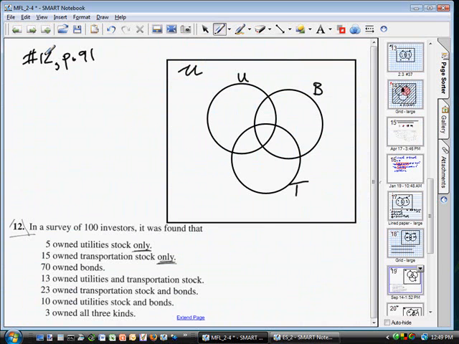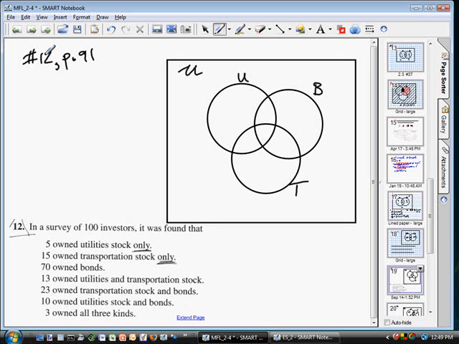Now, let's do, these are really kind of cool. So we're going to dive into it. This is a problem from the assignment. It's a survey. A whole bunch of these are surveys. At the bottom there, I think you can see the text. It says, in a survey of 100 investors, it was found that 5 owned utilities stock only, 15 of them owned transportation stock only, 70 owned bonds, 13 owned utilities and transportation.